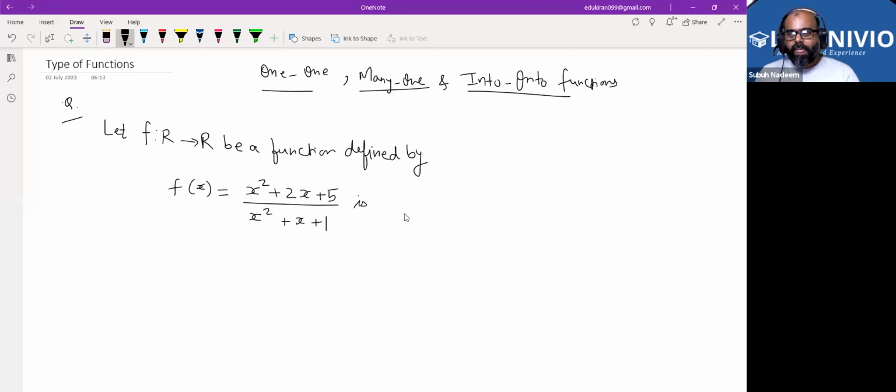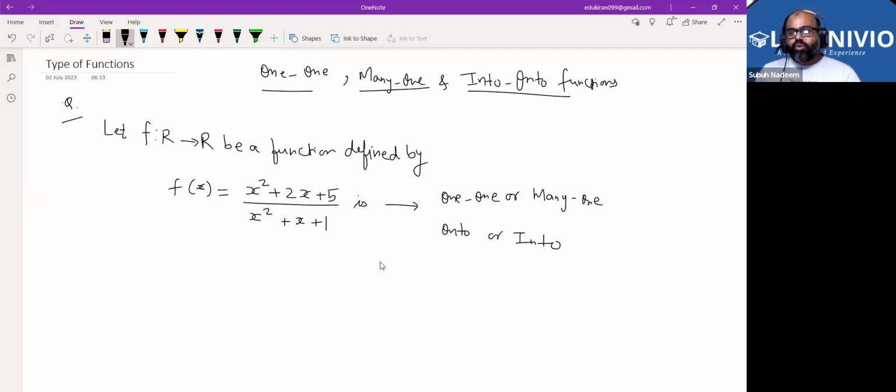Now you have to choose whether it is one-one or many-one. First you have to choose this, and then onto or into.